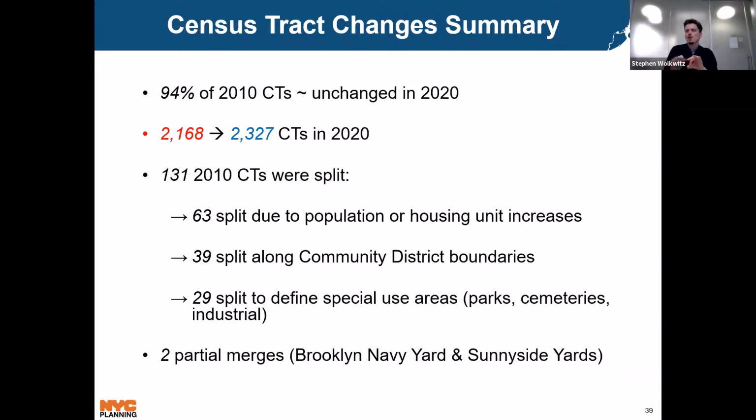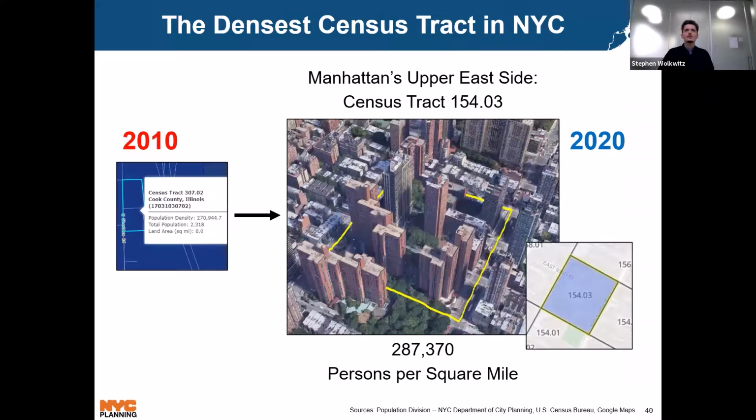So the small portion, I think it really was just a block in the case of Sunnyside Yards and a few blocks for the Brooklyn Navy Yard, were carved off of those census tracts so that the yards could remain those special use census tracts with no population or little population. And the area that had the housing unit construction was then merged to the residential tract adjacent. So I just wanted to call that to your attention.